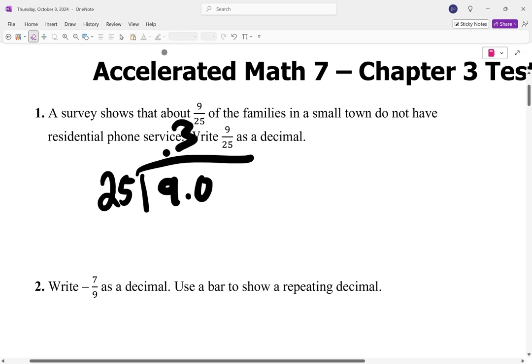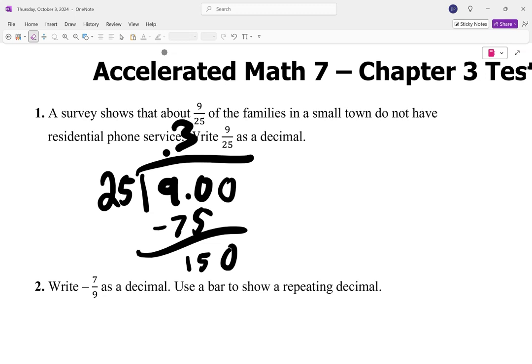Right, so 0.3. Okay, and then how many? 15, right? And then 6. Okay, cool. And so that's the answer.